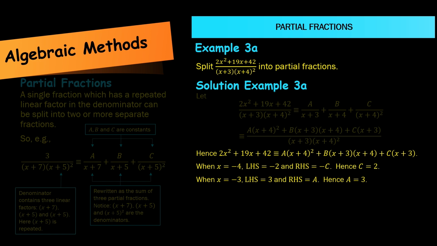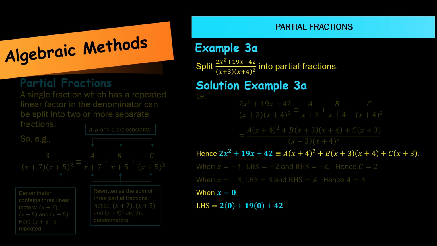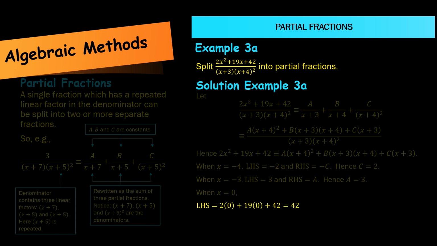So plugging all these in, we have the left-hand side. Of course, the left-hand side doesn't have a, b or c, but we can plug in x equal to 0. So when we plug in x equals 0, we obtain 2 times 0 plus 19 times 0 plus 42. Giving us that the left-hand side equals 42.